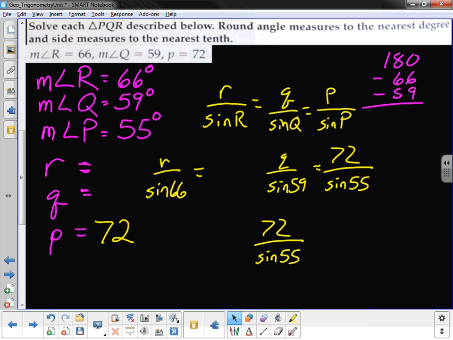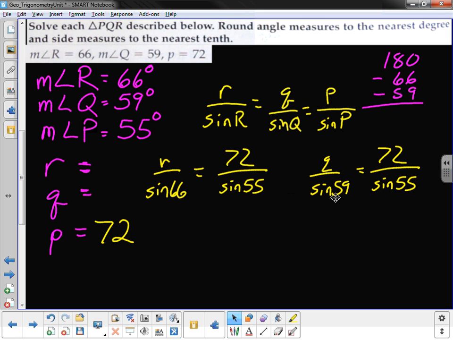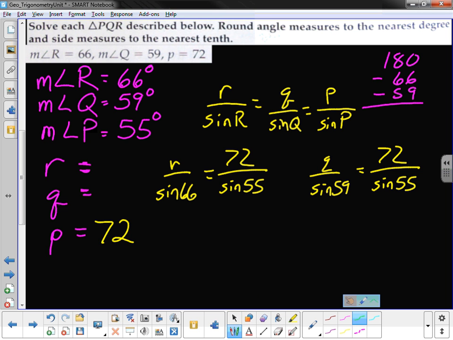Now in both cases, I just want to solve these proportions the same way we talked about with the other ones. Instead of just doing one, I'm doing a pair. So I want to take 72 times the sine of 66 and then divide by the sine of 55, or take the sine of 59 times the 72 and then divide by the sine of 55.